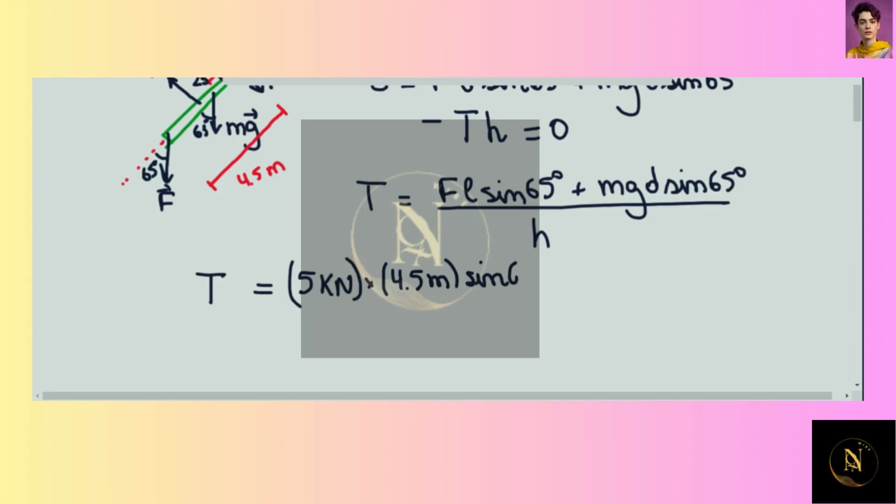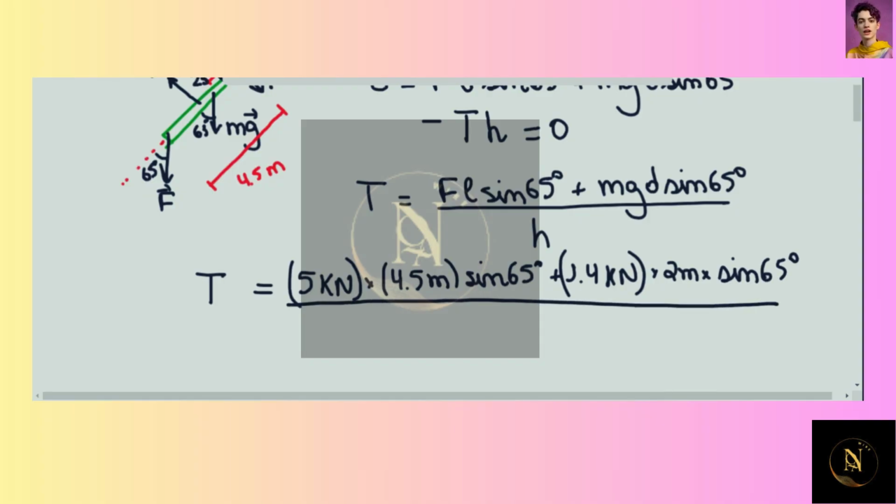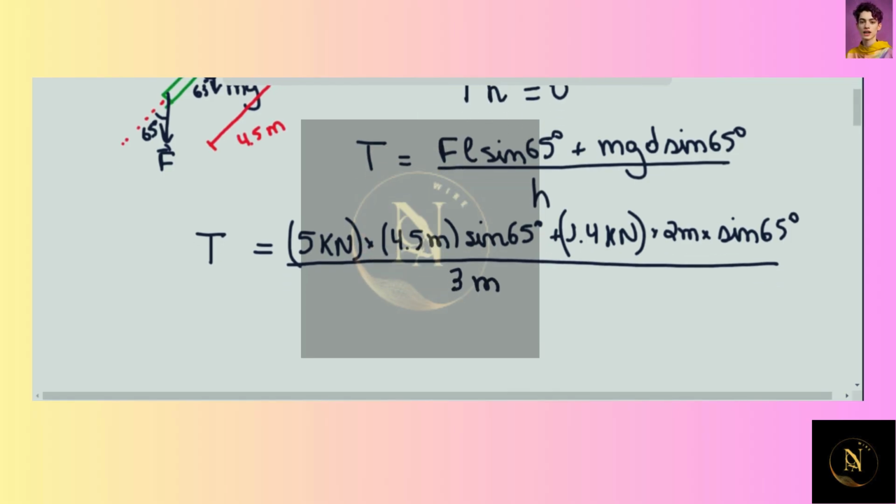Then you have to multiply by the sine of 65 plus mg, that's the weight of 1.4 kilonewtons, times d times sine of 65, divided by h, and h is equal to 3 meters. So T is equal to 7.64 kilonewtons. This is the magnitude of the tension.